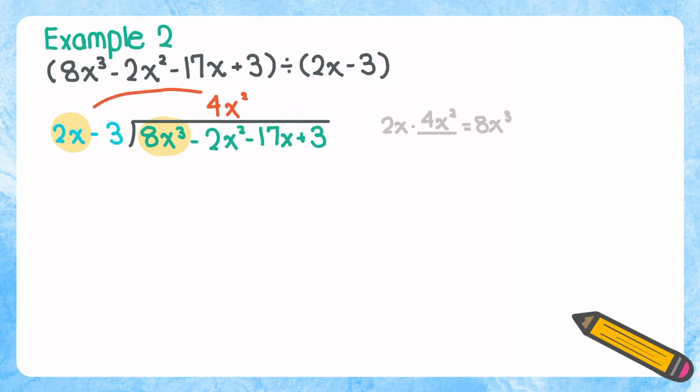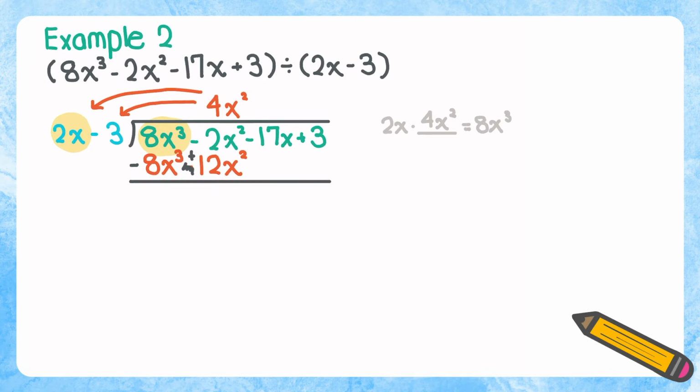So I'm going to distribute this 4x squared to both 2x and negative 3. So 4x squared times 2x is 8x cubed, and 4x squared times negative 3 is negative 12x squared. And in the next step, remember to switch signs for both terms.